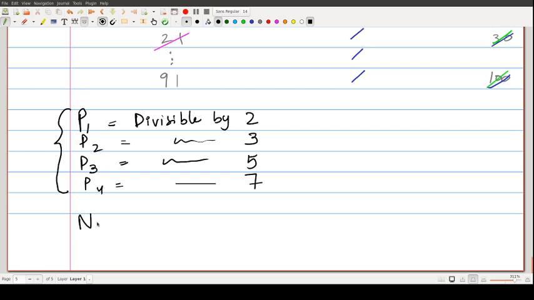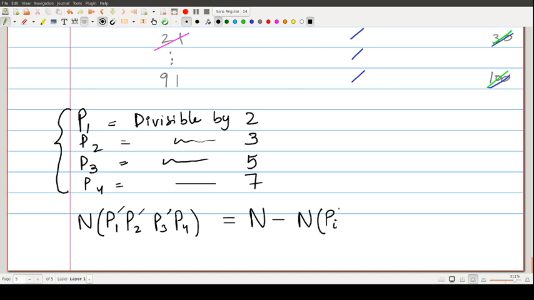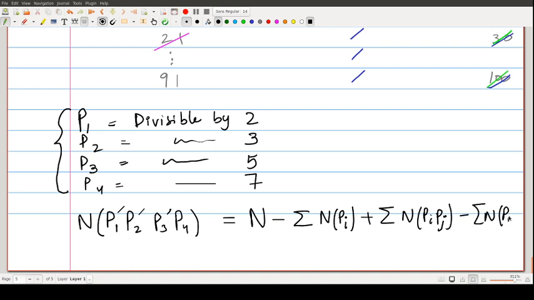And so I can write this equation down as this. I can say the number of elements such that P1 complement, P2 complement, P3 complement, P4 complement is equal to n minus the summation of n(Pi) plus the summation of n(Pi Pj) minus the summation of n(Pi Pj Pk) plus the summation of n(Pi Pj Pk Pl).